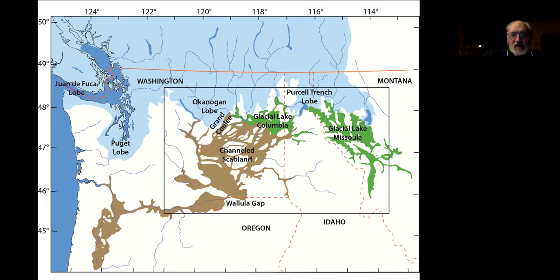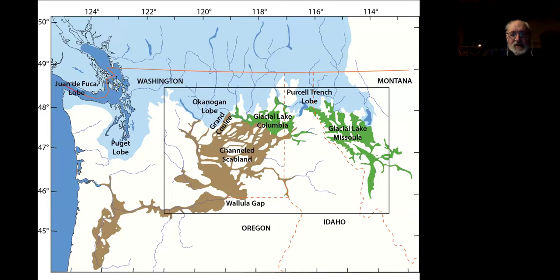So associated with that time period of ice was a lot of water coming off the ice sheets and comprising large lakes that were impounded by the ice. The biggest one was Glacial Lake Missoula, and then a somewhat smaller one in eastern Washington covering the area of Spokane called Glacial Lake Columbia.